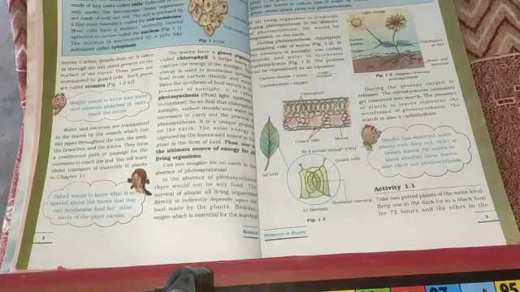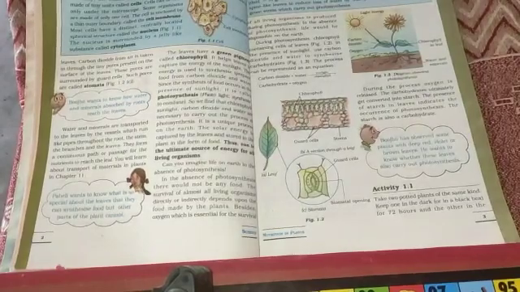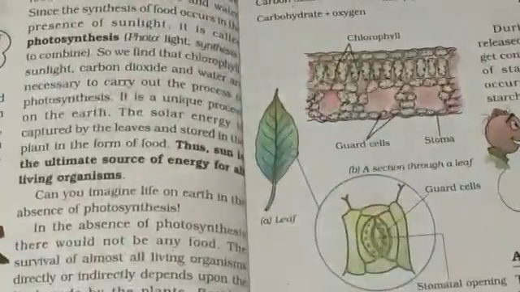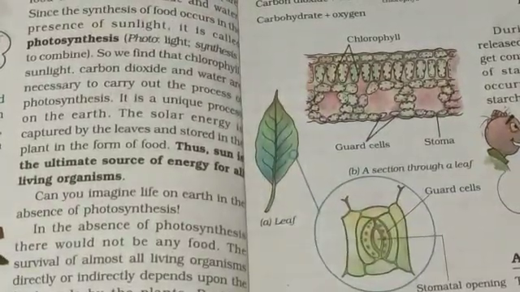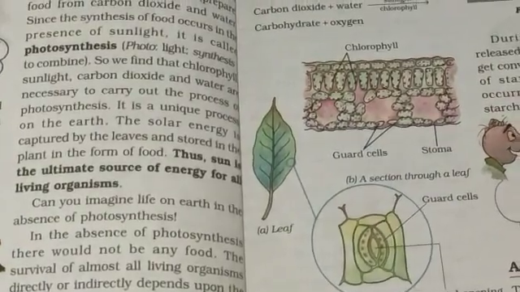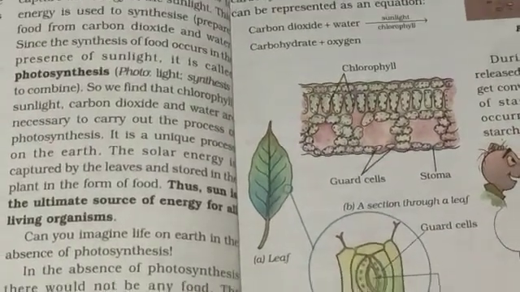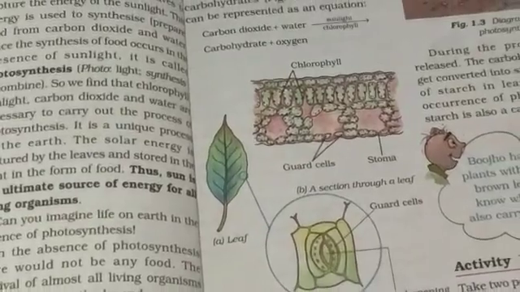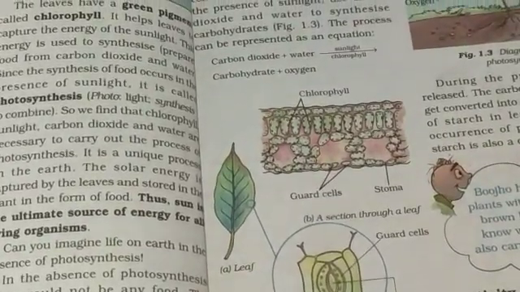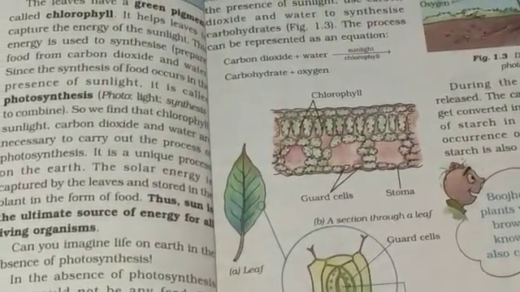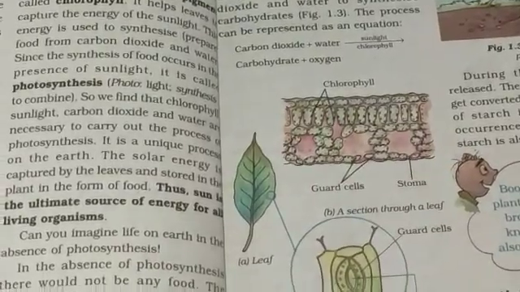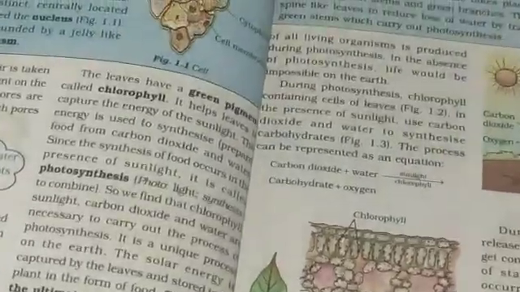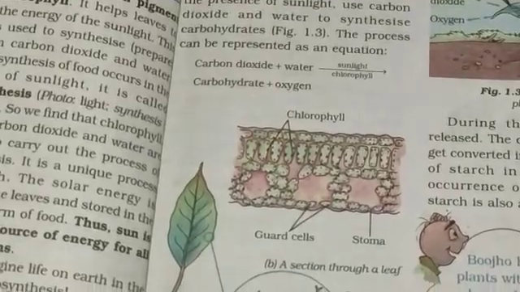The process can be represented as an equation, as I am zooming in for you. This is the equation of photosynthesis: carbon dioxide plus water gives us carbohydrate and oxygen, in the presence of sunlight and chlorophyll, as you can see.